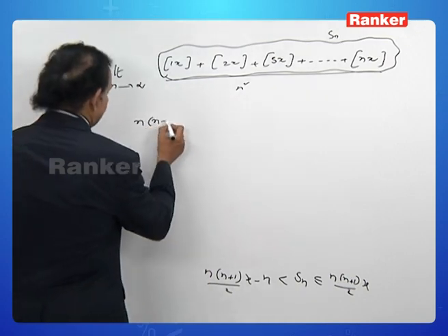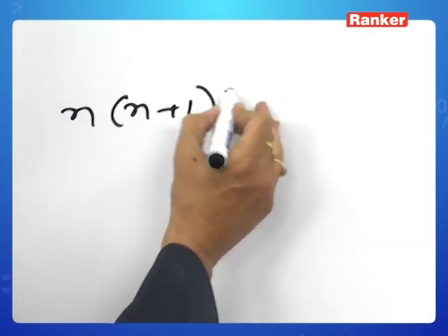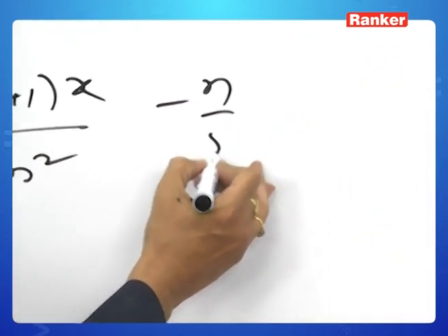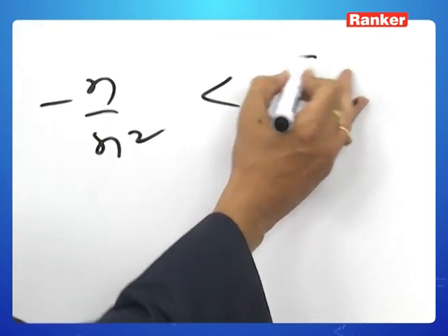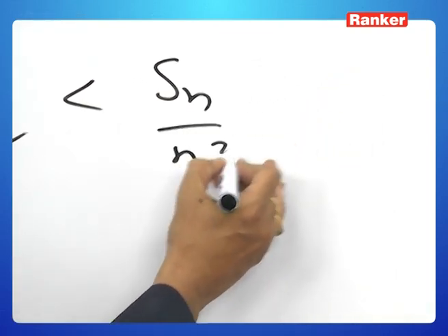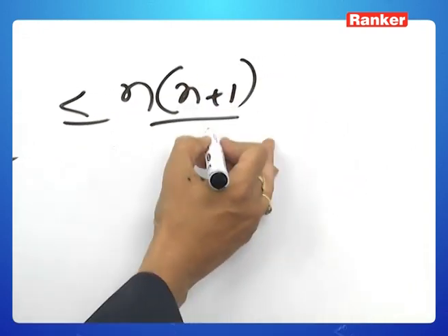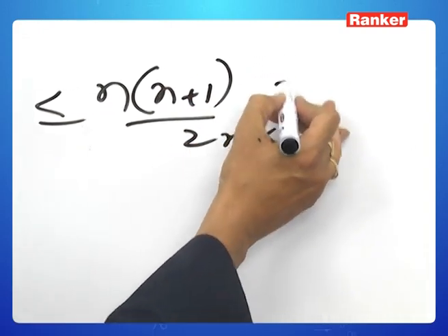n into n plus 1 into x by 2n squared, minus n by n squared, is less than Sn by n squared, which is less than or equal to n into n plus 1 by 2n squared into x.